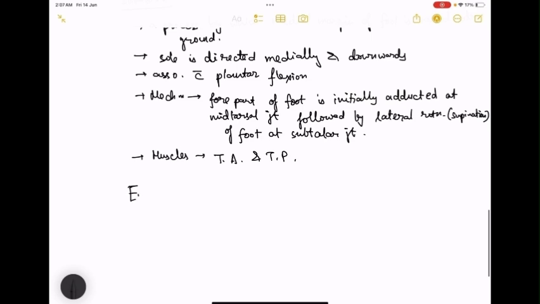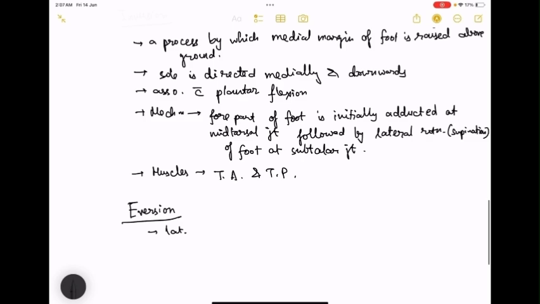Eversion: lateral margin of foot is raised above ground.